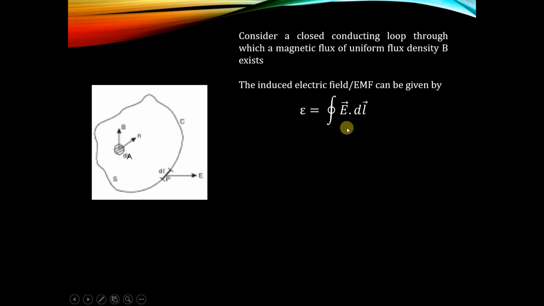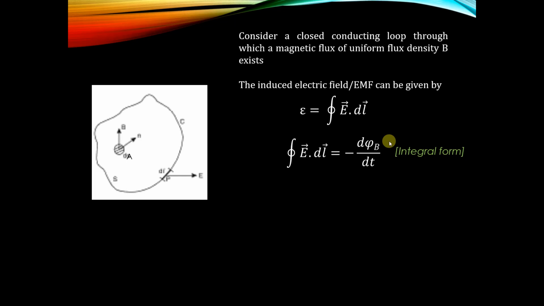That gives the induced EMF. If we put this into the expression for induced EMF which we just talked about, instead of epsilon we put the integral, so it becomes closed integral E dot dl is equal to minus d by dt of the magnetic flux. And this is the integral form of the Faraday's law.